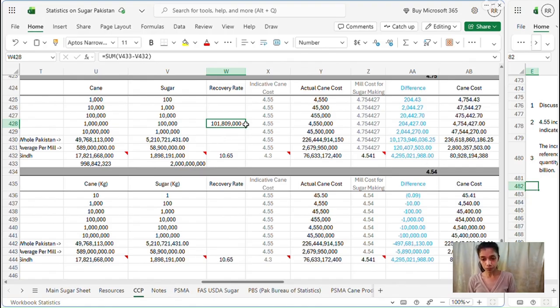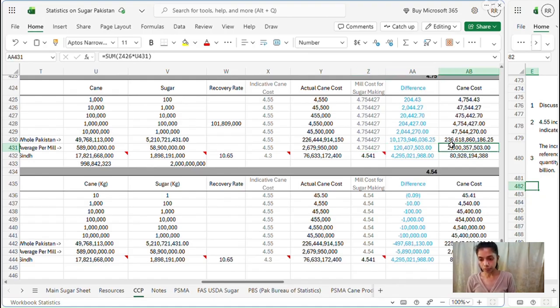That means they were able to produce, not necessarily that in reality they did, but just trying to narrate the difference: when sugarcane is not benchmarked with the variety and is just sold or purchased with reference to the indicative prices, without addition of variety and the quality of the cane, or the sucrose content percentage in it, this value can translate into this huge number of sugar in terms of kgs.